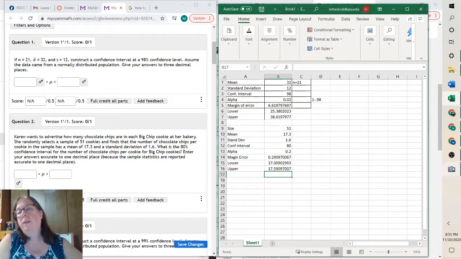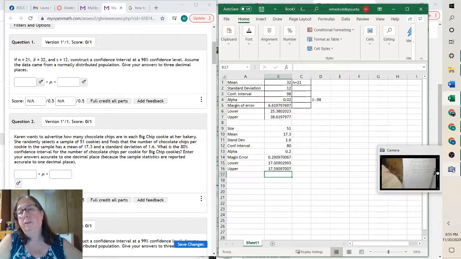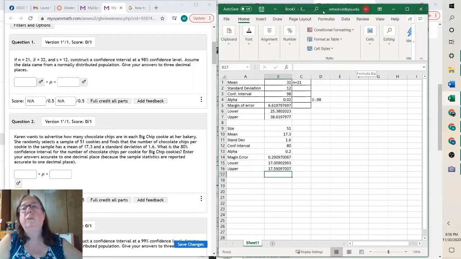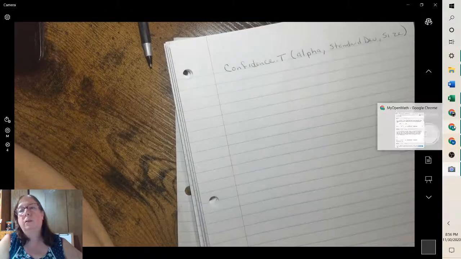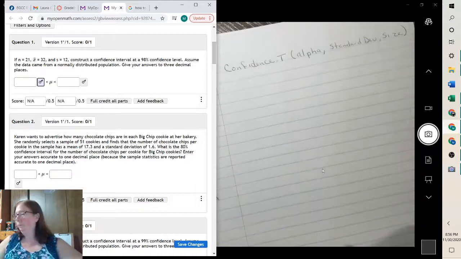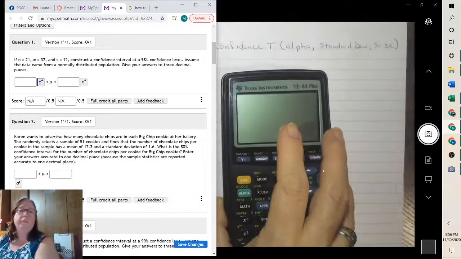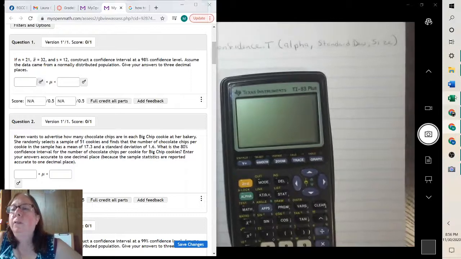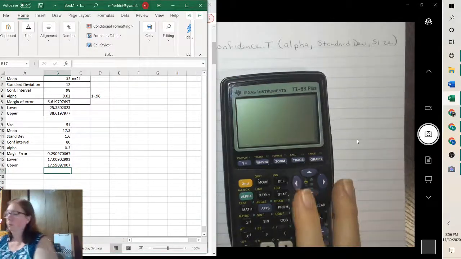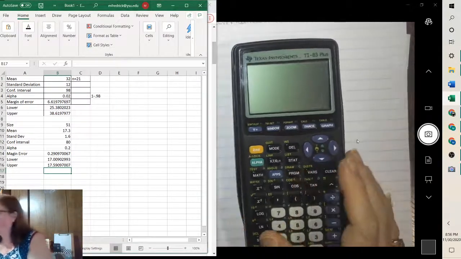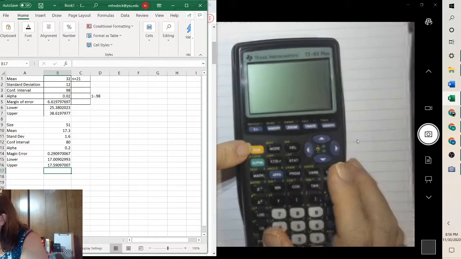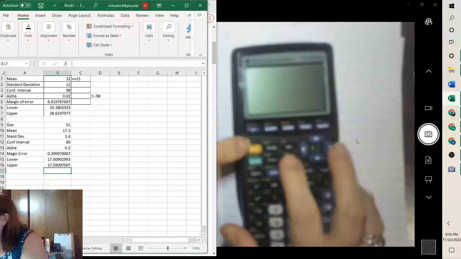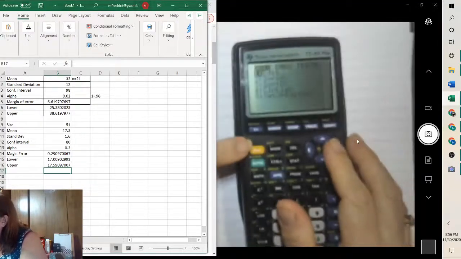Now to do that on the calculator, let me move this over here. To do your confidence interval, stats, calc.